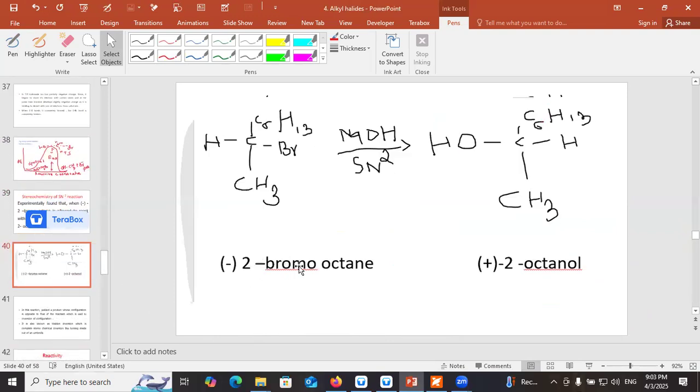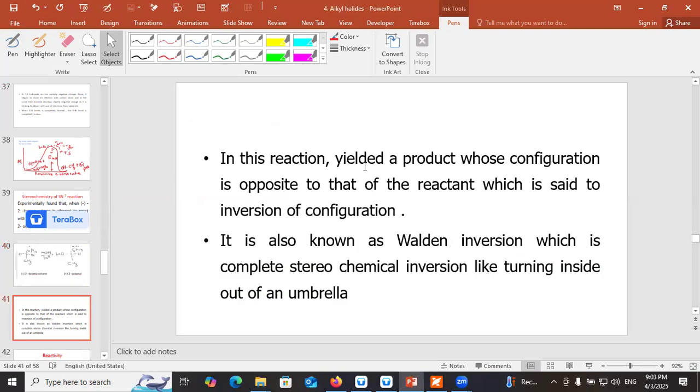That is, minus 2-bromo-octane produces plus 2-octanol. That's SN2. In this reaction, a product is yielded whose configuration is opposite to that of the reactant, which is said to be inversion of configuration. It is also known as Walden inversion, which is complete stereochemical inversion, like turning an umbrella inside out.